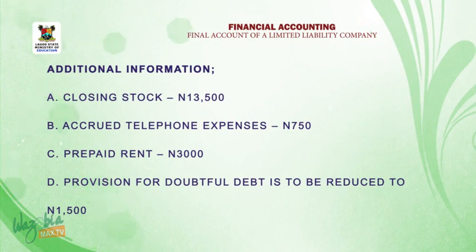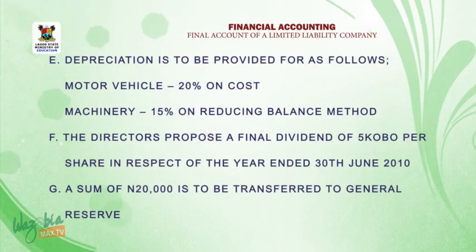Additional information. A. Closing stock, 13,500. B. Accrued telephone expenses, 750. C. Prepaid rent, 3,000. D. Provision for doubtful debts is to be reduced to 1,500. E. Depreciation is to be provided as follows. Motor vehicles, 20% on cost.